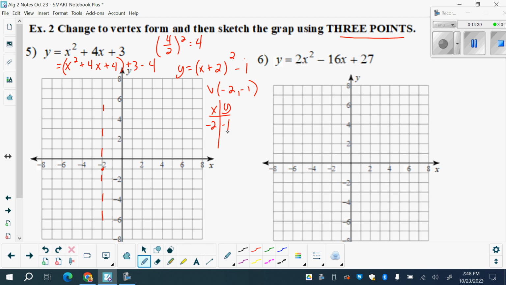So what's a good number to pick? 0. So if you wanted to, you could put the 0 in the original. And it's nice if you could do that in your head, or you could put it in here, either one.